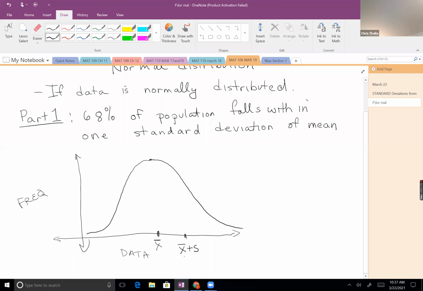So I'm going to make a hash mark to the right above the mean, and one standard deviation below, x bar minus s. And so if I go up to the curve, within that area there should be 68% of my population.